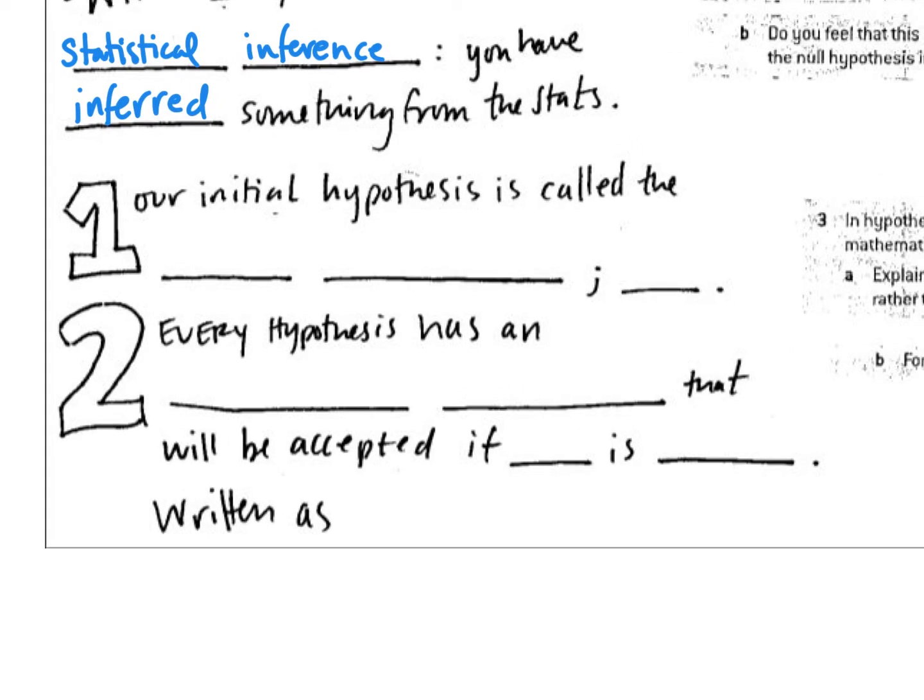Number 1, our initial hypothesis is called the null hypothesis. You will have never written hypothesis as many times as you have now. This gets H sub 0, or sub naught, sometimes people say. It's a little 0.